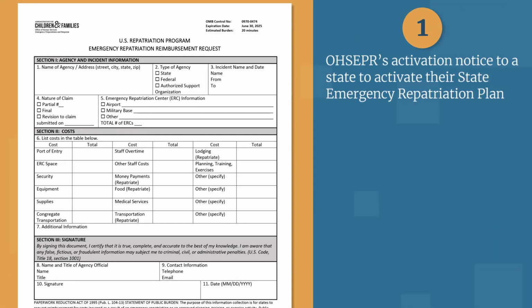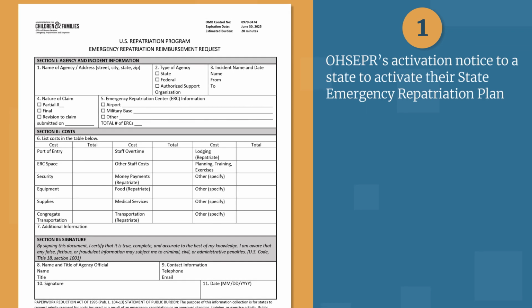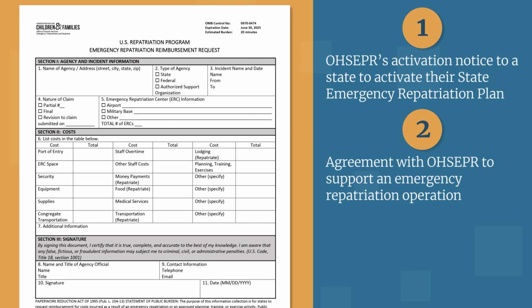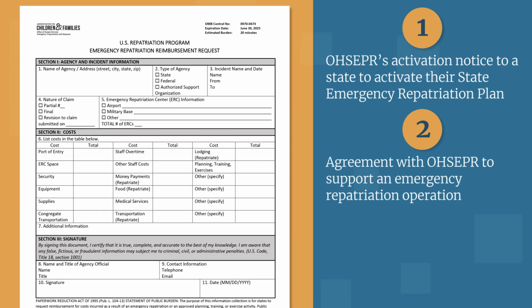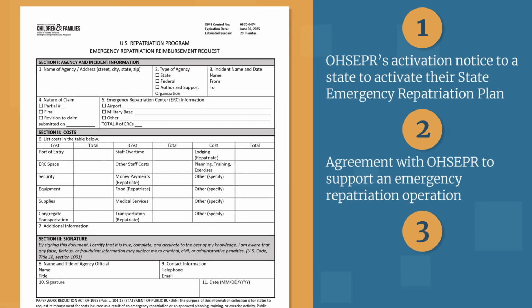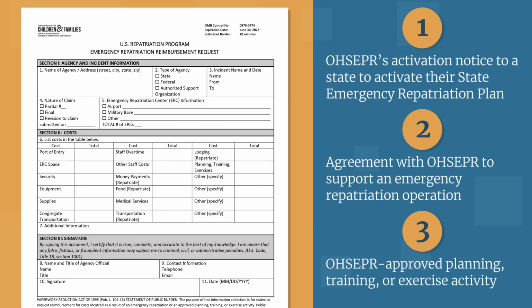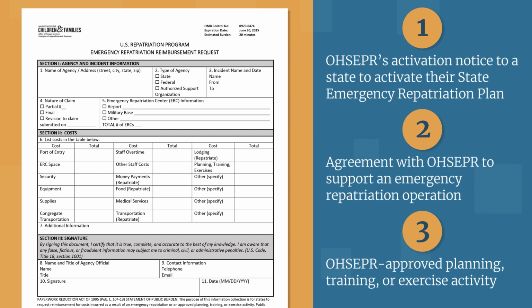OHSEPR's activation notice to a state to activate their state emergency repatriation plan. 2. Agreement with OHSEPR to support an emergency repatriation operation. Or 3. An OHSEPR-approved planning, training, or exercise activity in support of the U.S. Repatriation Program.